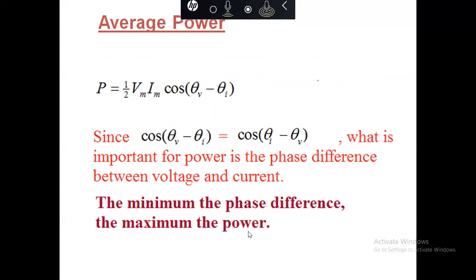So the average power is in fact measured in this form in phasor representation.